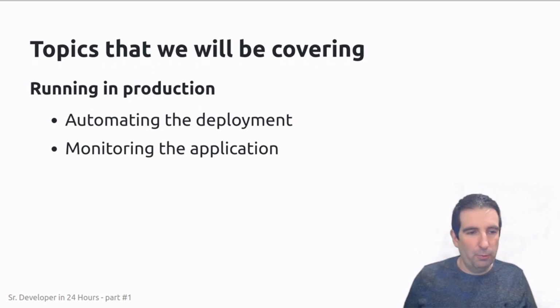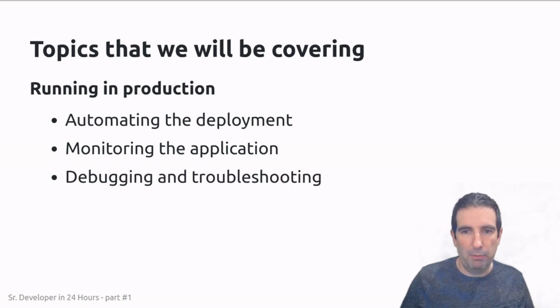And we're basically doing this why? Because we want to simplify debugging and troubleshooting our application in production. As simple as that. So we want to have all of the things in place so that debugging and troubleshooting become a little bit less painful.